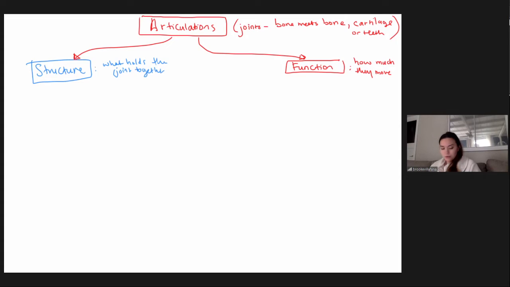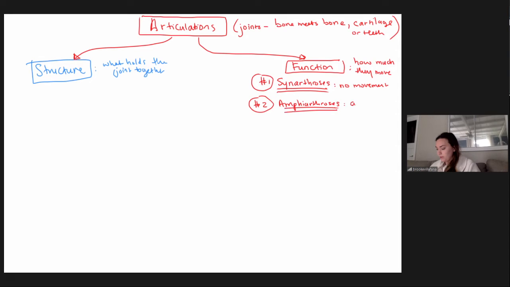We describe the function, how much it moves, in 3 ways. It's either synarthrosis, or synarthritic, which means it has no movement. Or it can be amphiarthrosis, which means it has a little bit of movement, some movement.